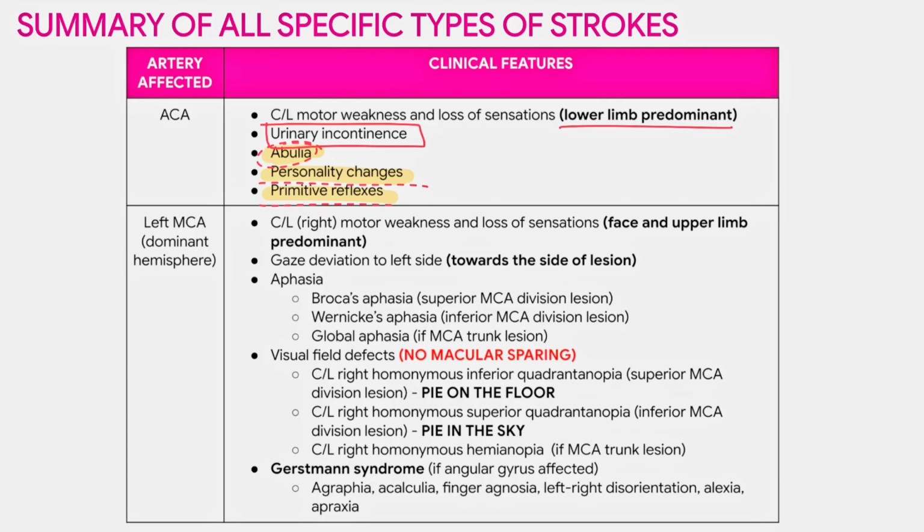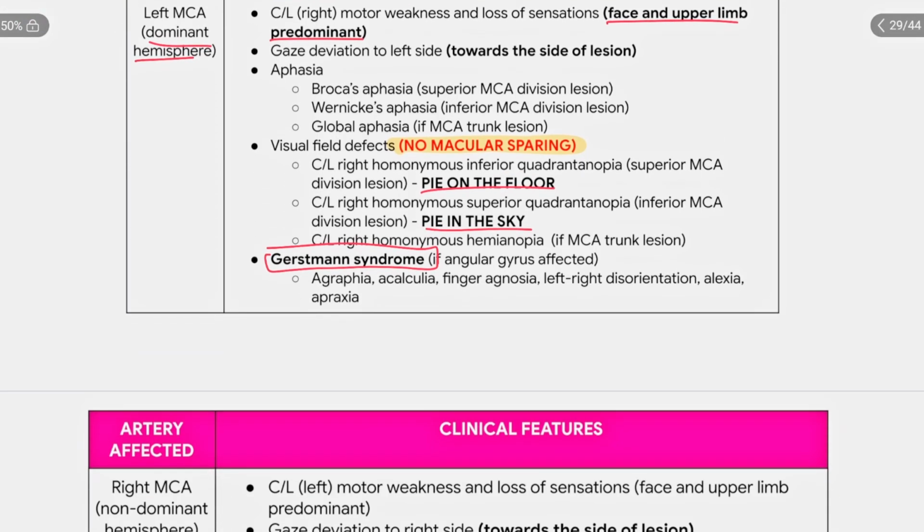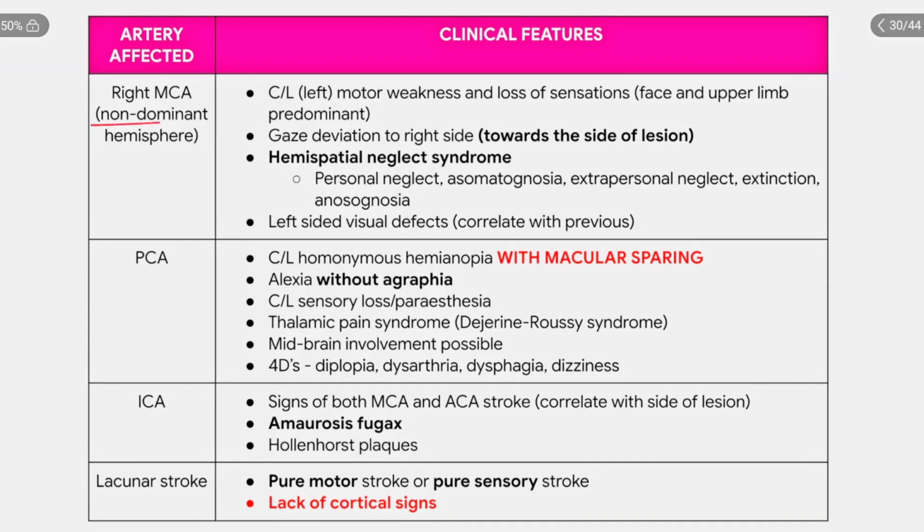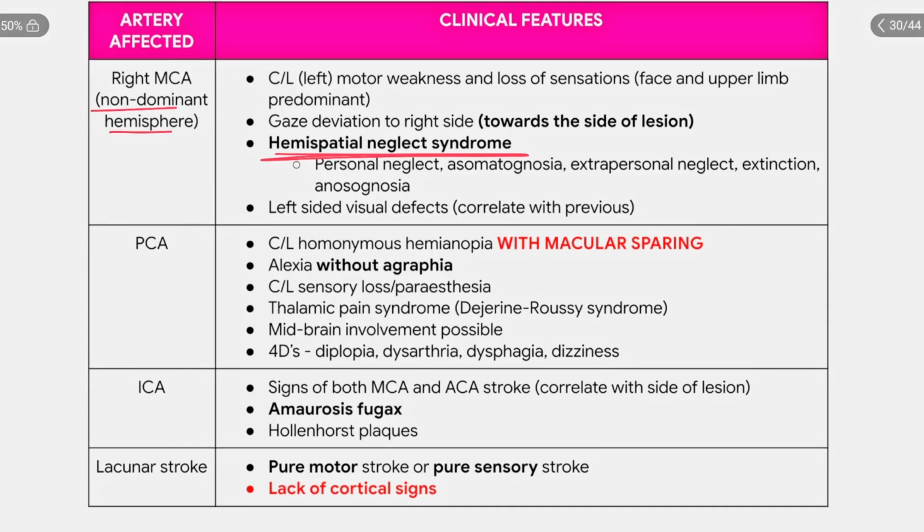Then other than that, right MCA dominant hemisphere, we have face and upper limb predominant weakness, gaze deviation to the same side, aphasia with no macular sparing, and we learned pie on the floor and pie in the sky sign, and we have Gerstmann syndrome, obviously. Then right MCA non-dominant hemisphere, we have mainly the hemispatial neglect syndrome.